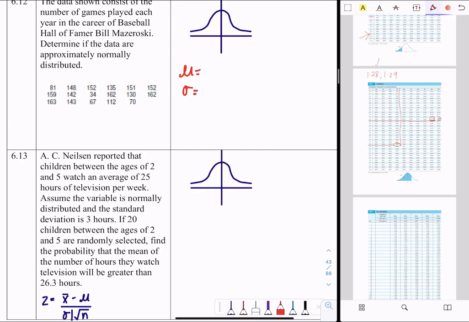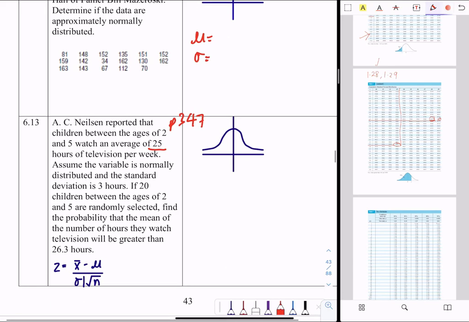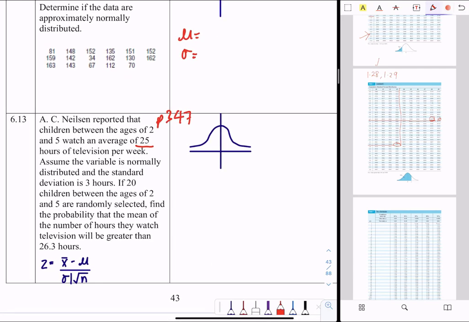Page 347. For this one, the formula is quite different because of the sample size. They are asking you to do it for a sample. A.C. Nielsen reported that children between age 2 and 5 watch an average of 25 hours of television per week. Assume the variable is normally distributed and the standard deviation is 3 hours.